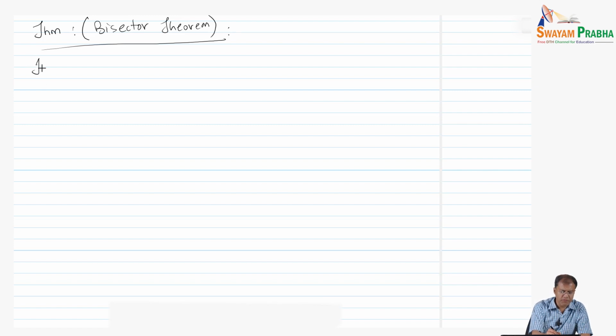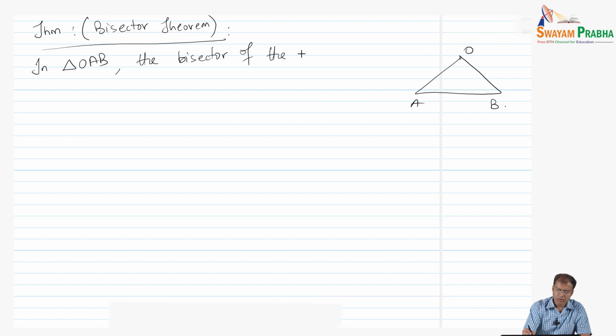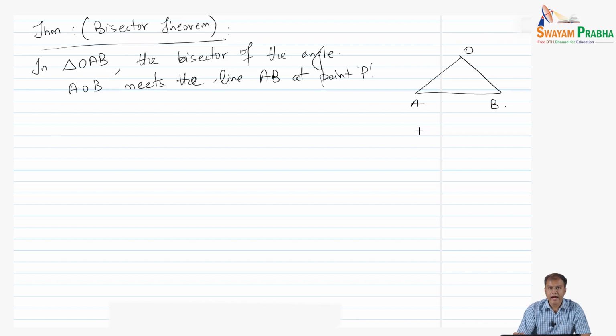The result says that if we have a triangle, let me call this triangle OAB, and the bisector of the angle AOB meets the line AB at point P. So it bisects the angle into two equal angles.